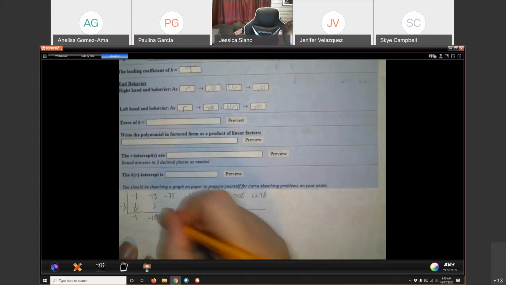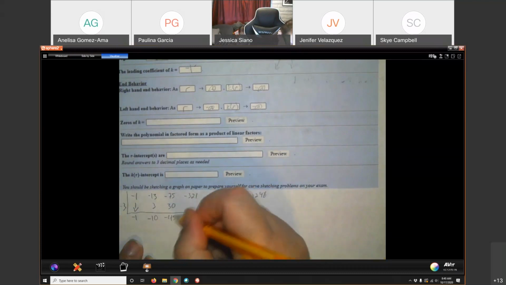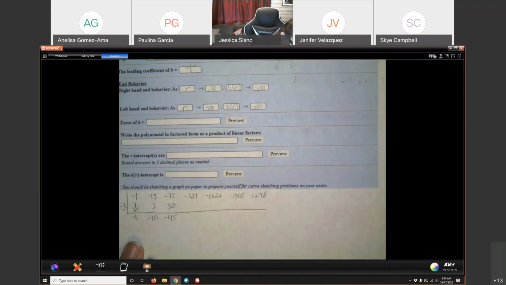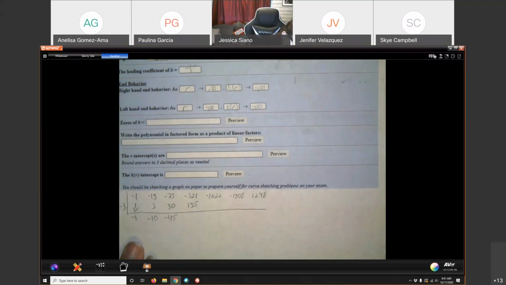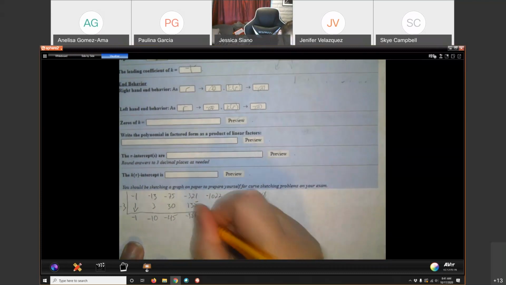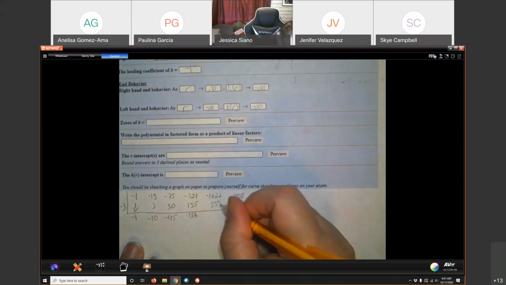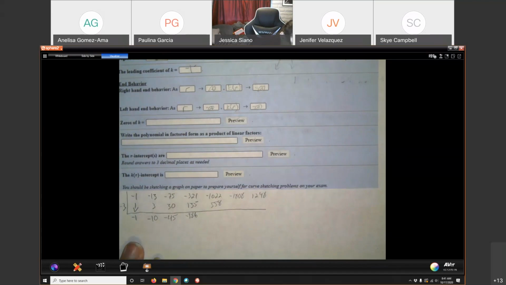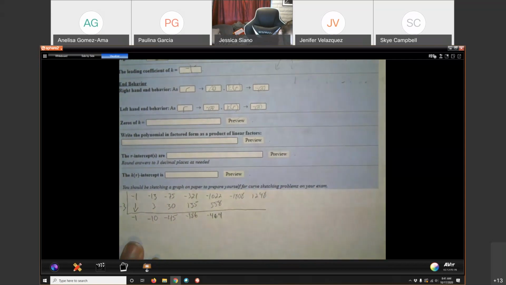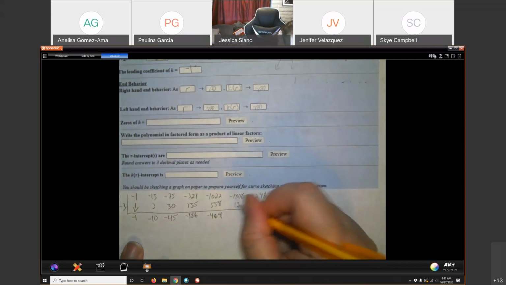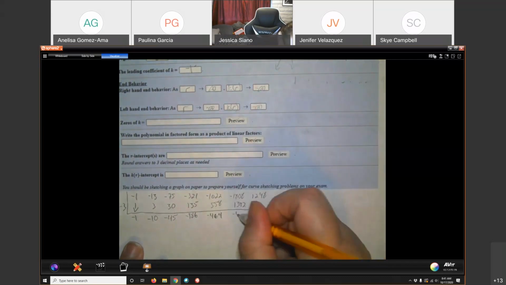So add to negative 10, multiply positive 30, add negative 45, multiply 135, add, multiply, add, multiply, add, multiply.